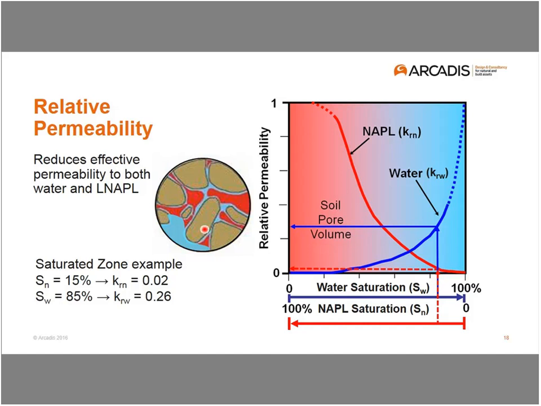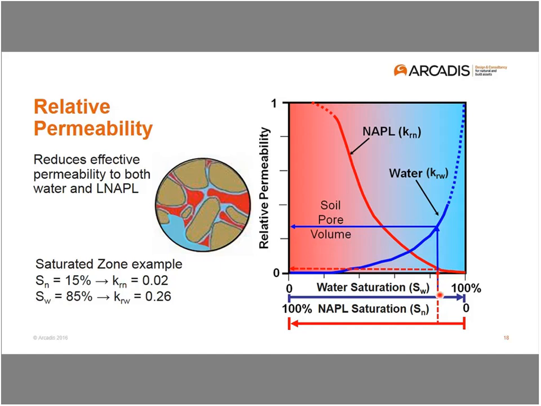So let's just look at an example here. Say we have a NAPL saturation. So that's S here, the saturation, the percent of pore space occupied by the non-wetting phase, the LNAPL. Say that's 15%.